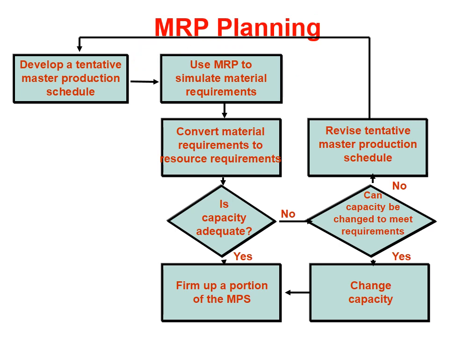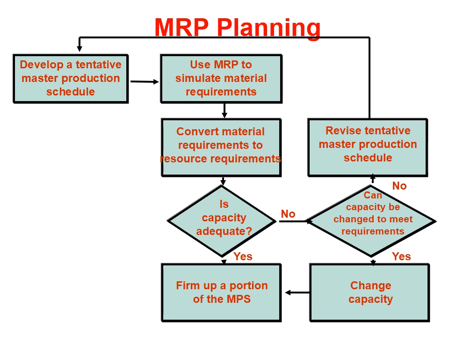This figure represents material requirement planning, which begins with developing a tentative master production schedule, which is used to determine or simulate material requirements, convert material requirements to resource requirements, and ask if capacity is adequate.